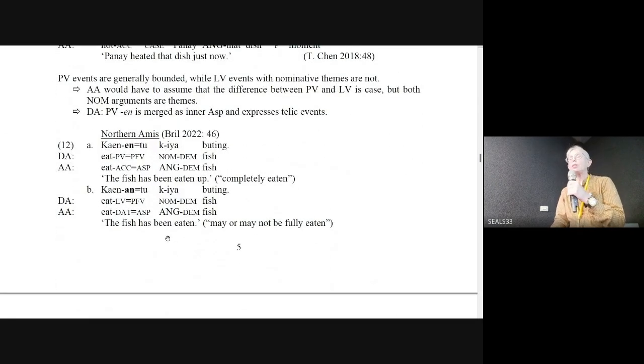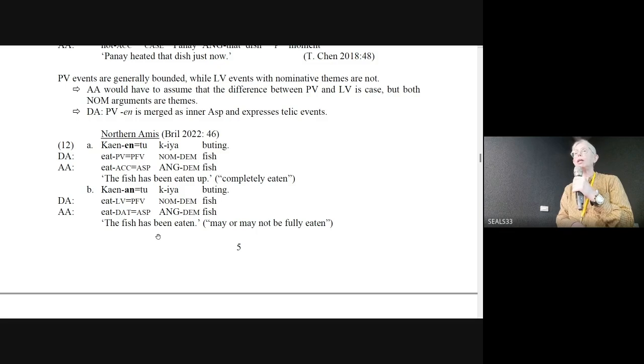And another thing here, this has come up a few times today. Tom Payne gave some examples like this from Waray this morning, in fact. So both the PV and LV marking can show up in PV clauses when there is an aspectual difference, a difference in terms of boundedness of the event.